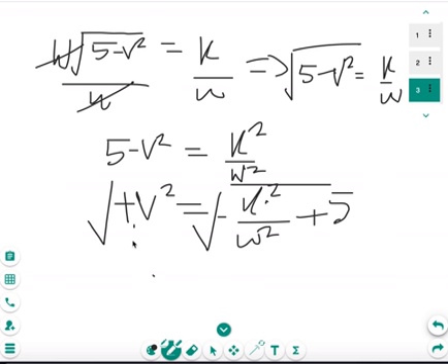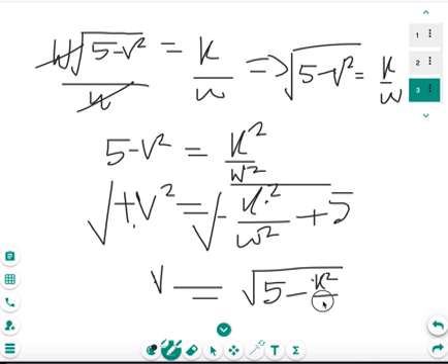So then V equals root of 5 minus K squared over W squared. So that's the value of V.